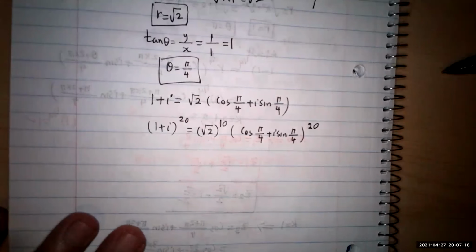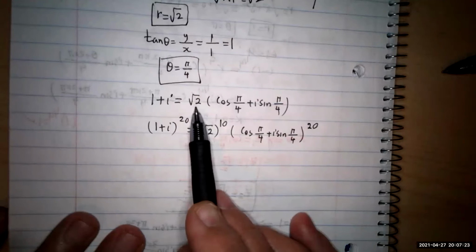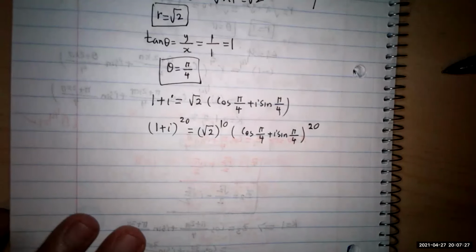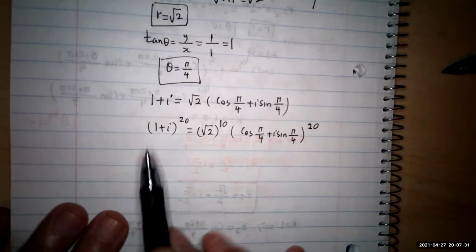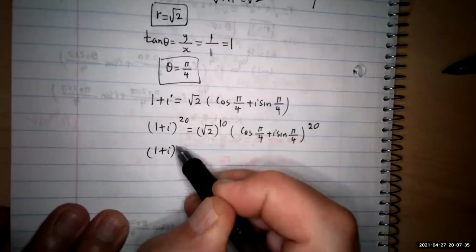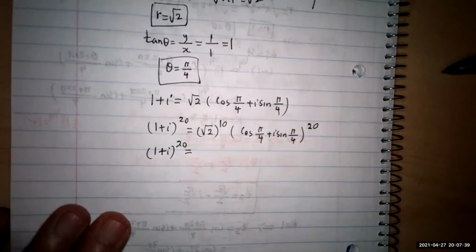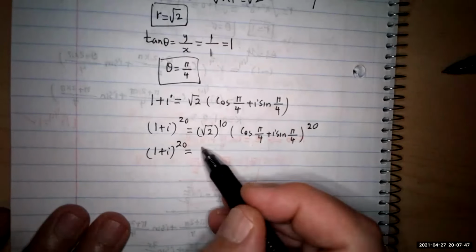Any question? I did it separately. This is radical 2 to the 20, and this is this part over here to the 20. So we simplify it. Radical 2 to the 20 is like 2 to the 5th, because this is 2 to the one half to the 10, so that gives you 2 to the 5th.